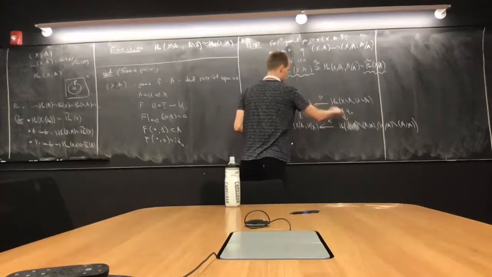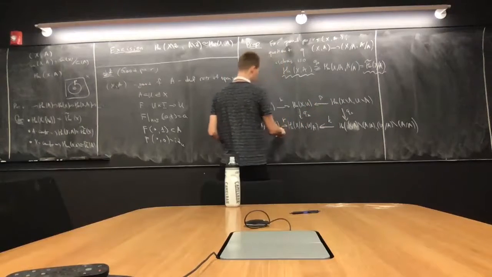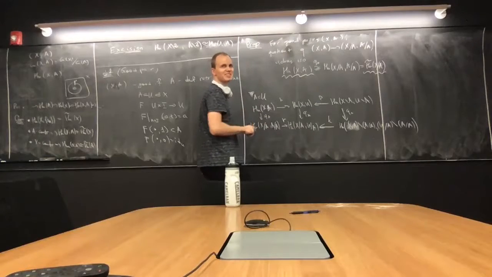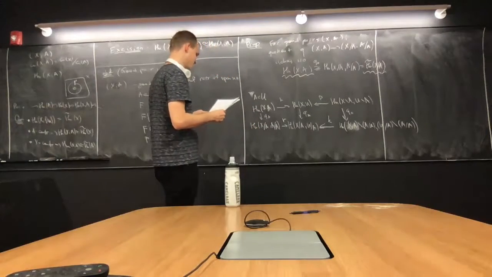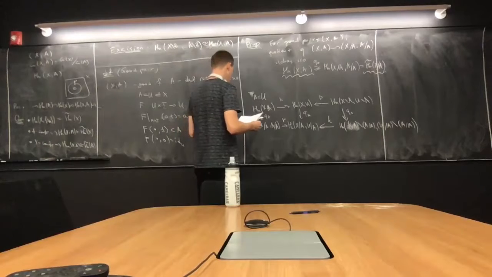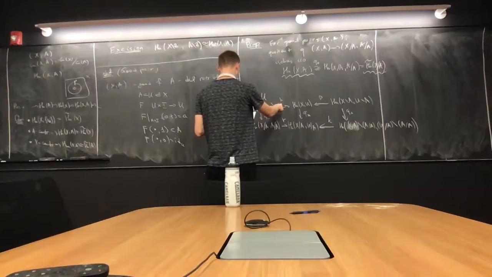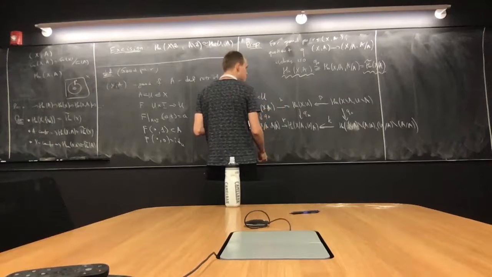So what I want to show is that all of these guys are isomorphisms. All of these, so 1, 2, 3, 4, 5. And then by commutativity, this has to be an isomorphism. So what you do is, first of all, this is an isomorphism by the long exact sequence of a triple.